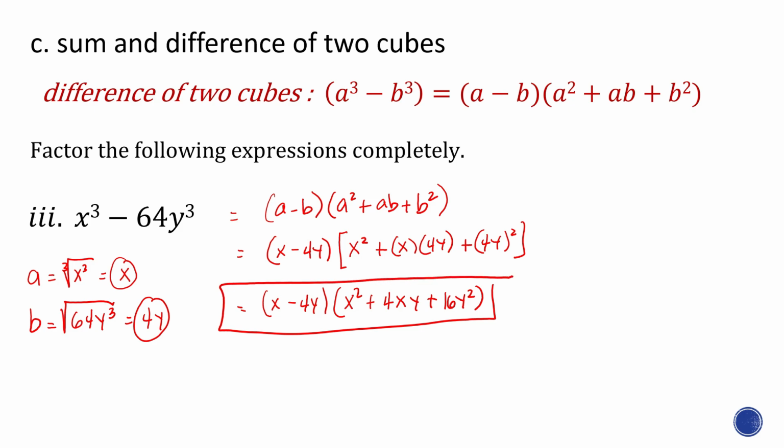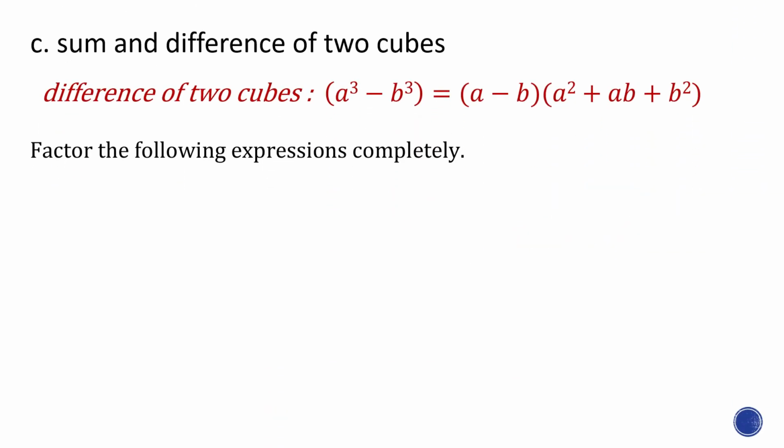Okay, let's go to the last example. All right. Okay, so we have 8x raised to 6, y raised to 9. Now, if you look at the exponents here, 6 and 9, they're both divisible by 3. So that means we can use the difference of two cubes formula here.